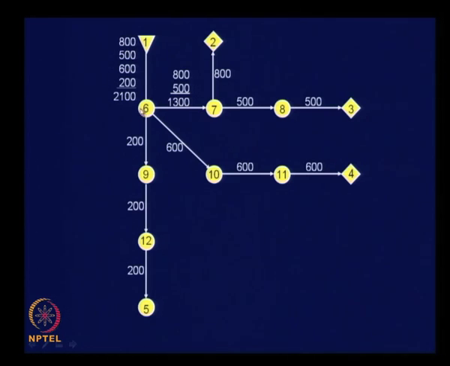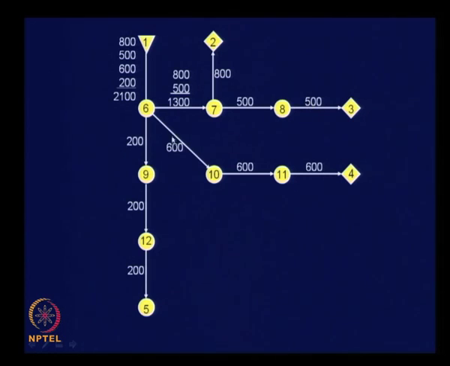800 is loading link 67 also, and 72 is also loaded with 800 PCU. That completes the traffic flow from 1 to 2. Then 1 to 3 is 500 PCU. That 500 also loads this link. 16 is loaded with 500, 67 also is loaded with 500 because it is lying on the shortest path, 78 is loaded with 500 and 83 500.